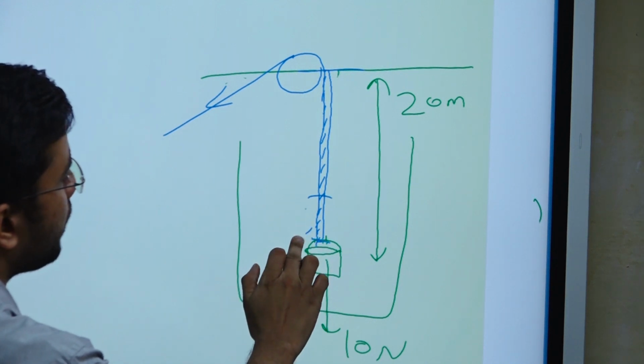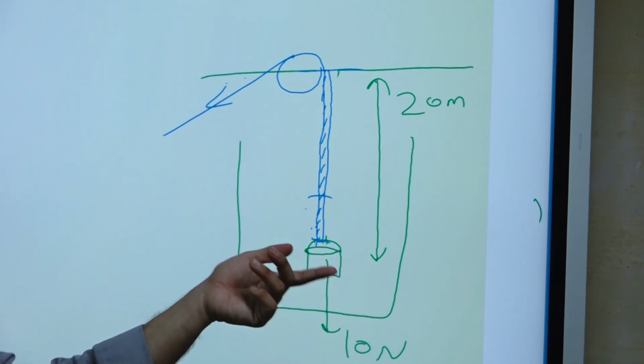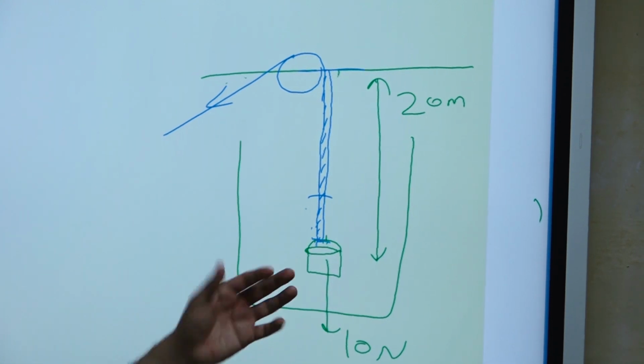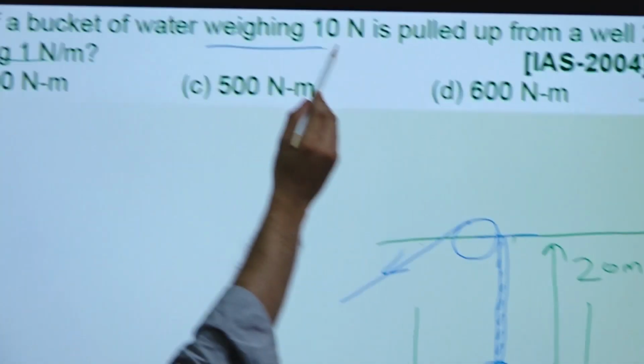So now how do we find the work done? We are pulling this bucket from bottom to top, and to find the work done we can simply use potential energy, mgh. Only gravity is involved here because we have weight in Newton.